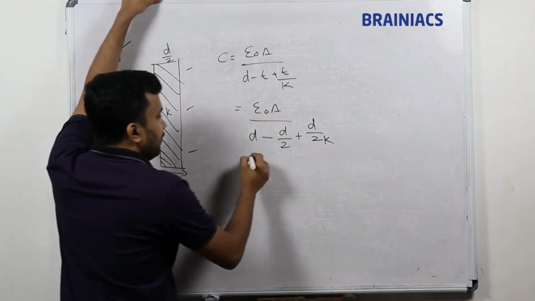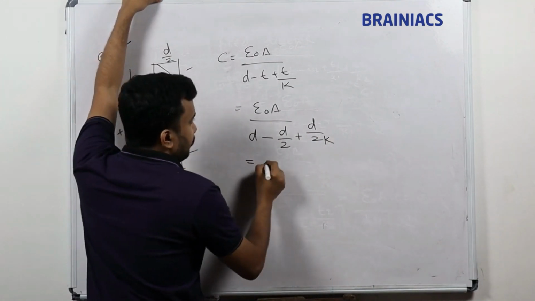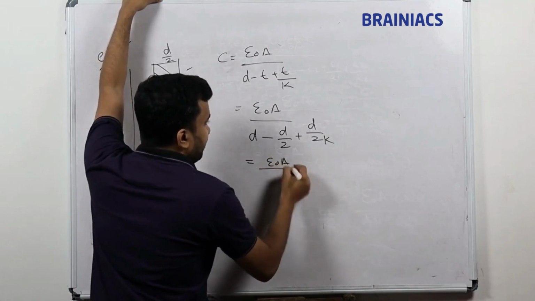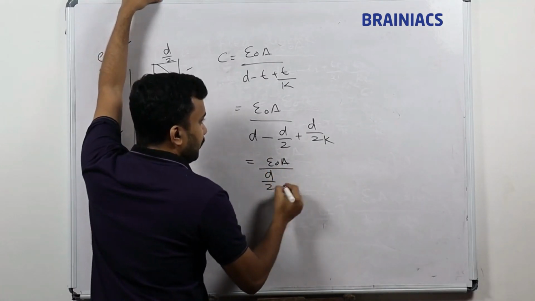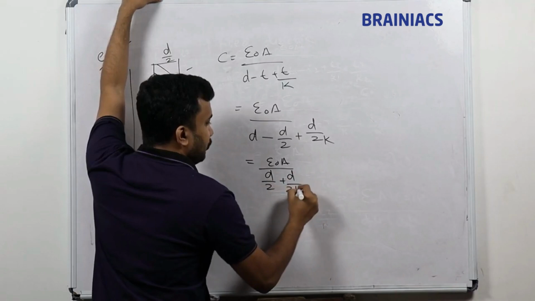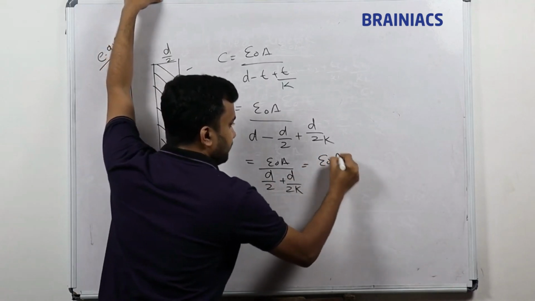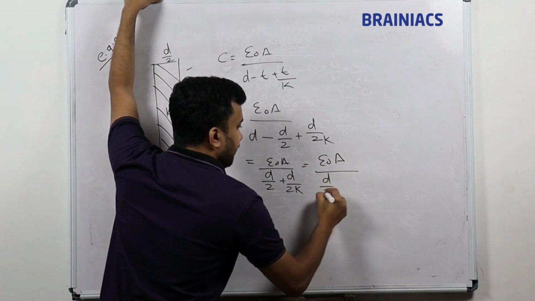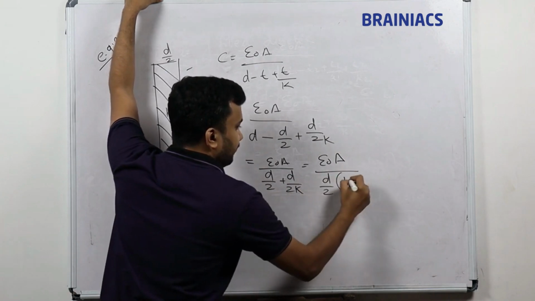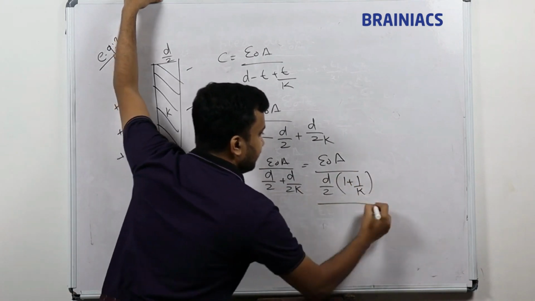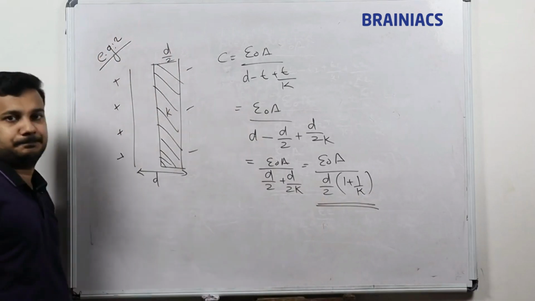Okay, so we have to simplify this. Epsilon A divided by D minus D by 2 means D by 2, plus D by 2K. Simplifying again, epsilon A divided by D by 2 times 1 plus 1 by K. This is the answer for this question.